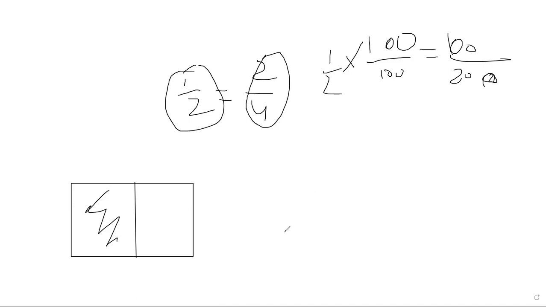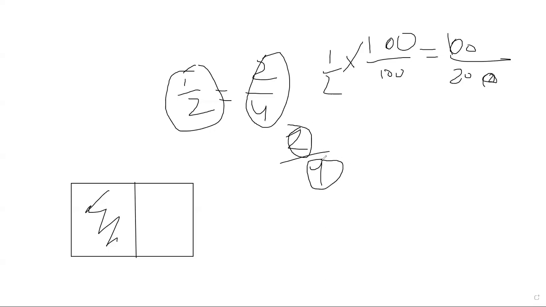To find if these are equivalent, we must simplify. Take 2 by 4. How to simplify this? As you see, there should be something which is common, a common factor. As you can see, 2 and 4.